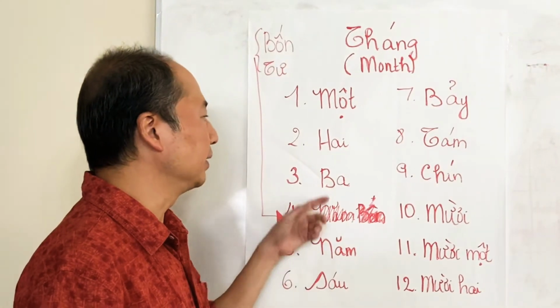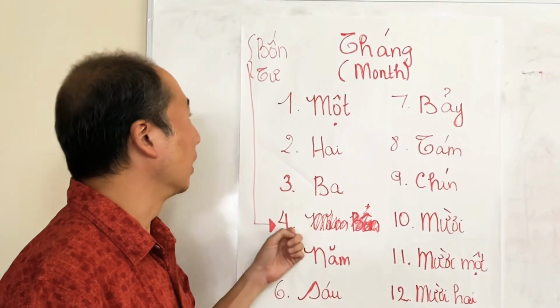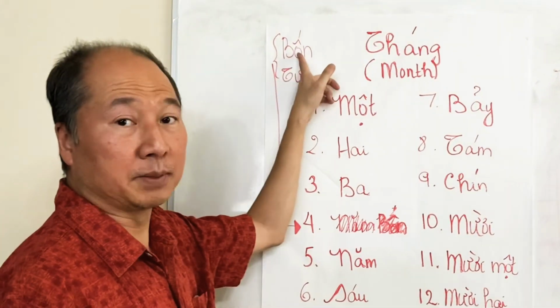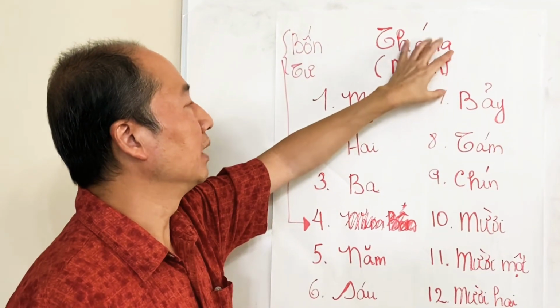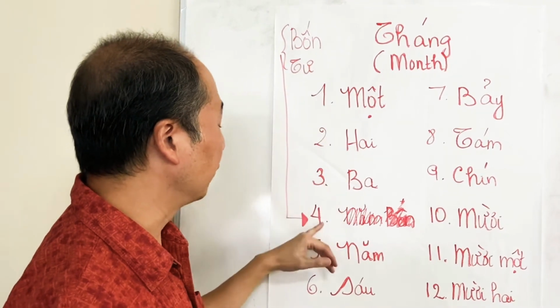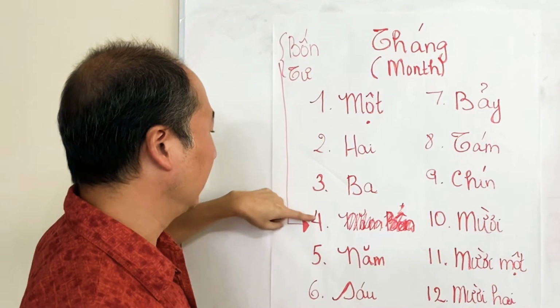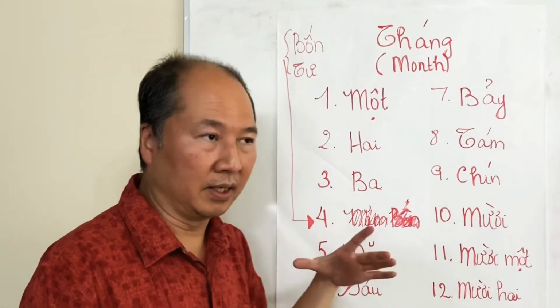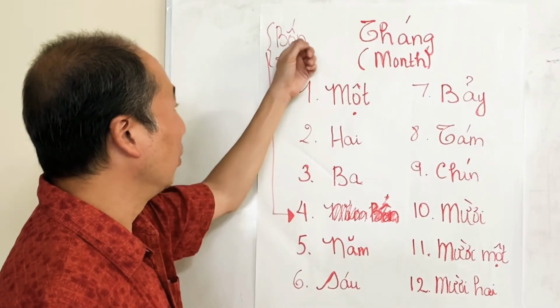One of the exceptions to all of this is when you get to 4. The word for 4 is bốn, all right? Now, when you're talking about the months of the year though, these are more like 1st, 2nd, 3rd, and 4th, right? So the word 4 here, because it's representing a numerical sequence, is actually not bốn, all right?